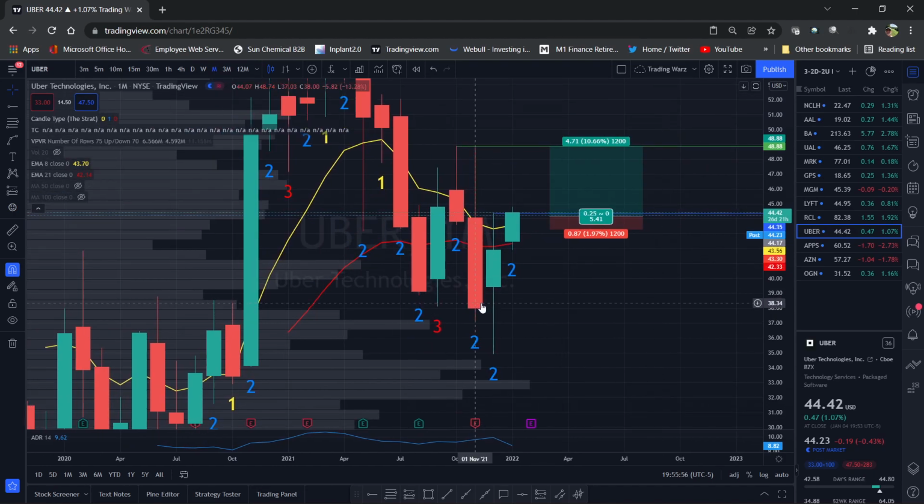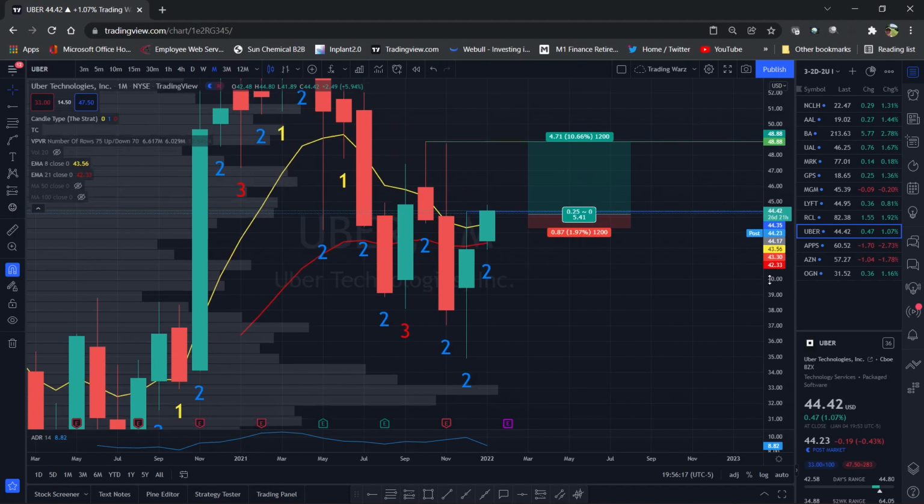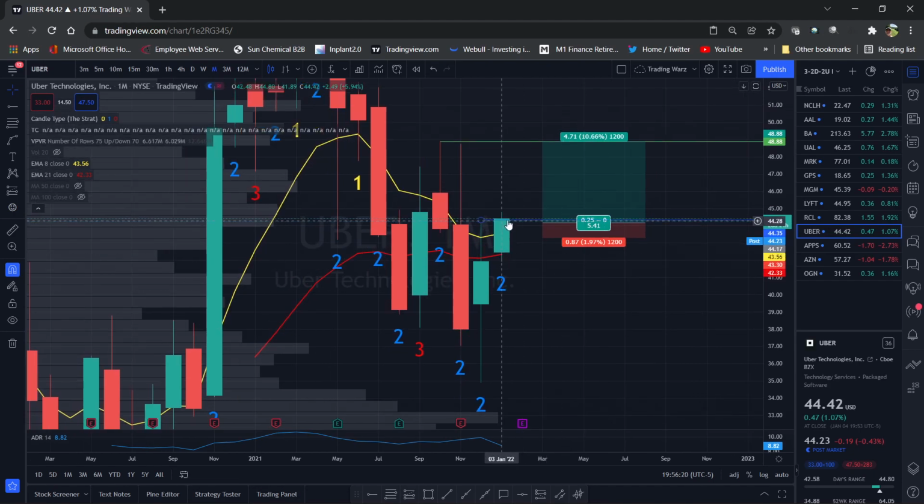As you can see, this one is actually a 2-2 reversal. So got a 2 down, then another 2 down, green, but it reverses. 2 down green, you look for a reversal, which is exactly what it's doing. So again, for the 2-2 reversal, that would be your entry, and this would be your target where it's set.